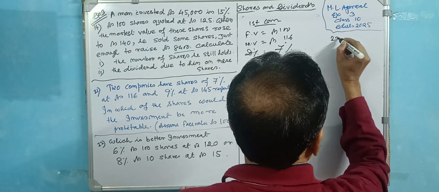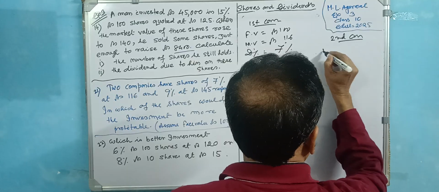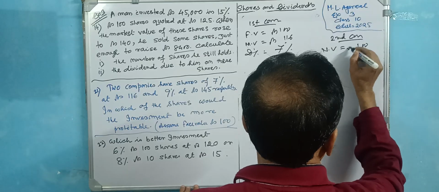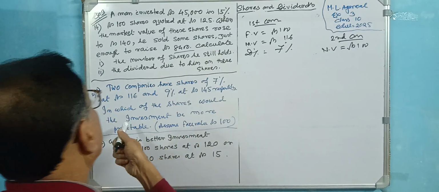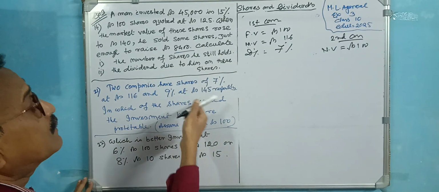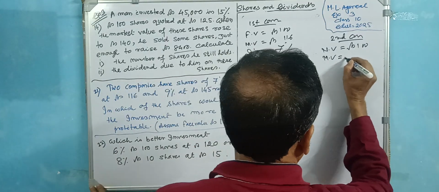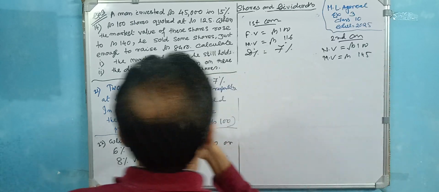And the second company: the nominal value, or face value, is the same, rupees 100, no problem. The dividend is 9%, and the market value is 145.